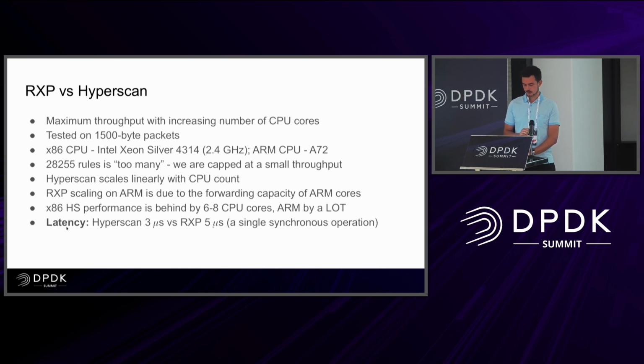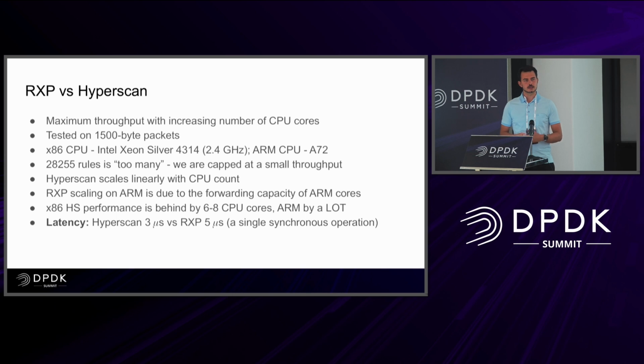What is also interesting here is that Hyperscan, the latency, basically the time that you send just one operation to the Hyperscan and it returns back the result, was in this case around 3 microseconds, whereas with the Regex engine we had to wait for like 5 microseconds, but that is for a single synchronous operation.